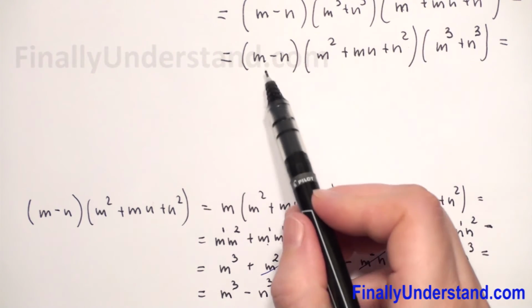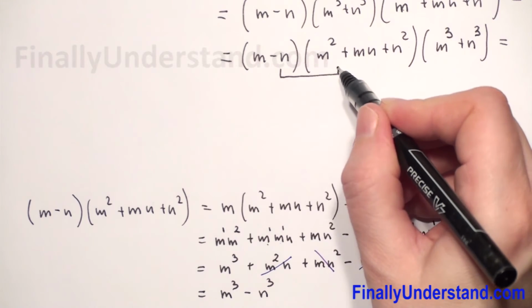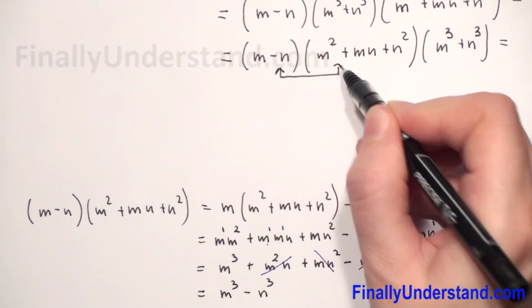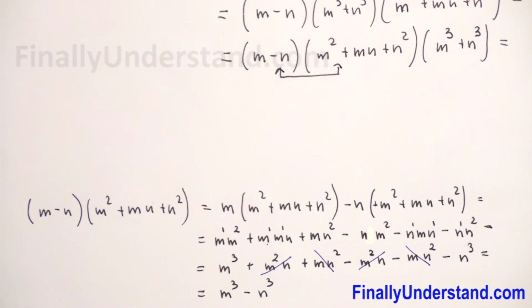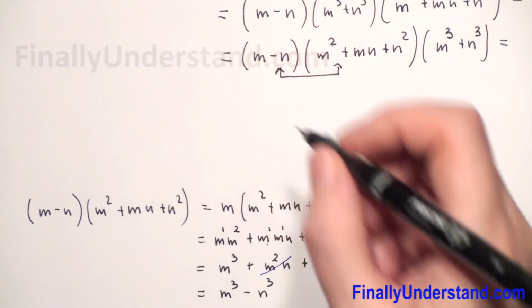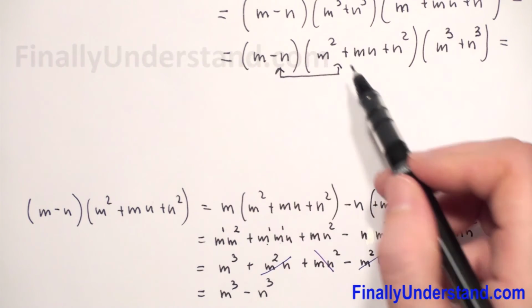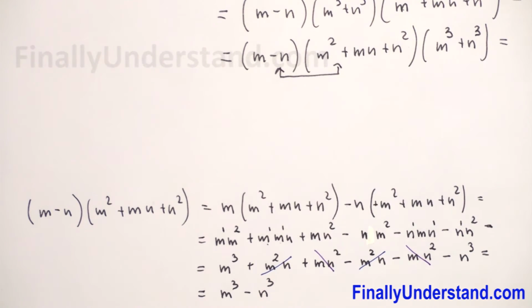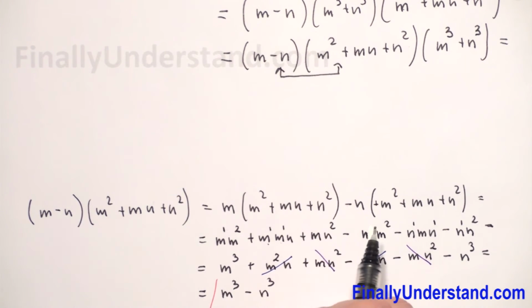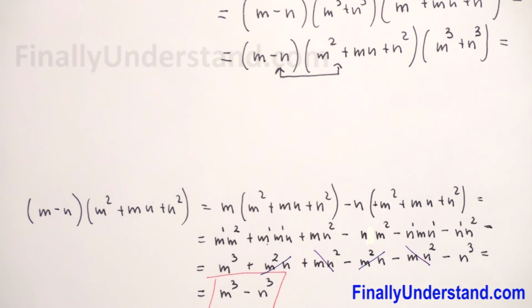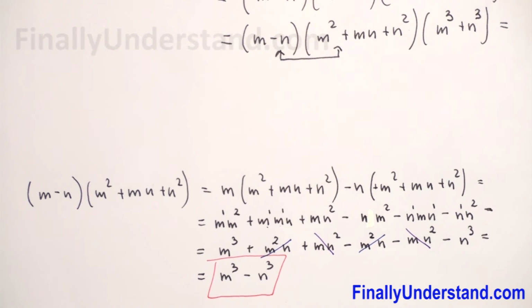Like I said, these two parentheses give us the difference of two perfect cubes formula. So instead of two parentheses, we have only this m cube minus n cube.